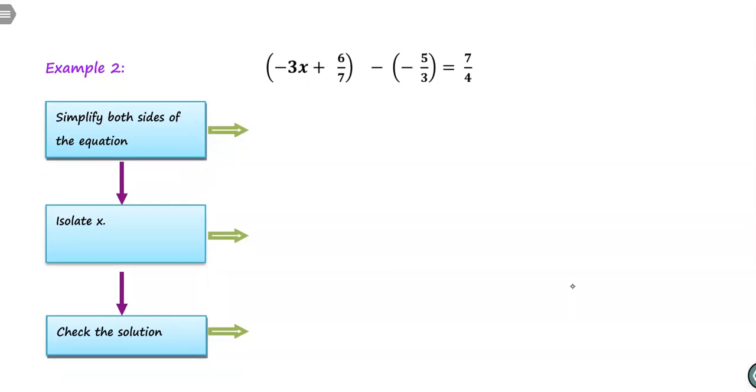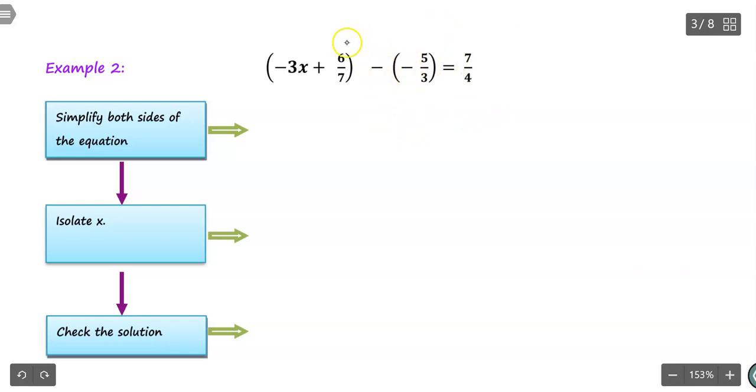Alright, so for this example, we get into a little bit more complicated fraction. The very first thing we are going to do is take this, multiply it with that, and turn that into a plus.